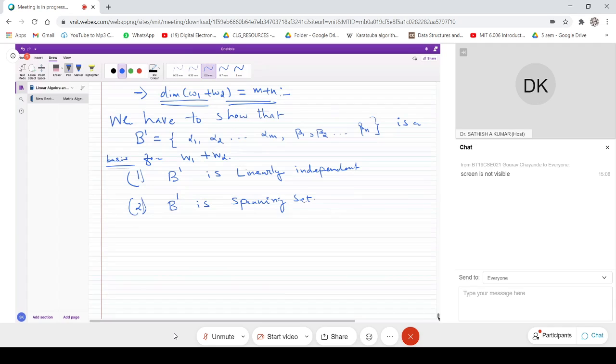So the first one we show is linear independence.